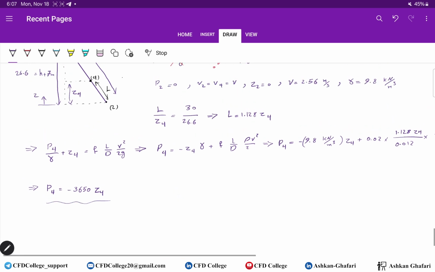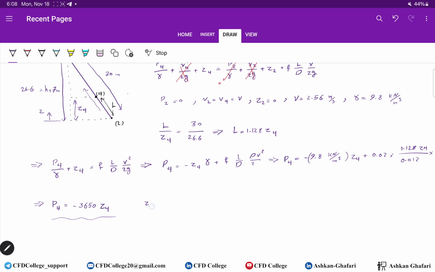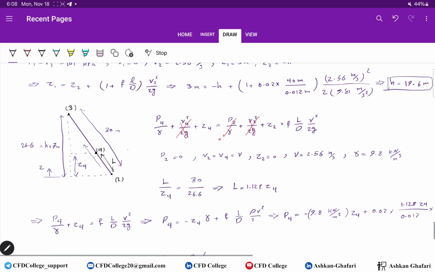What does it mean? It means that as we move upward in this direction, as Z4 increases, the pressure decreases. It means that P2 and P4 are greater than P3.